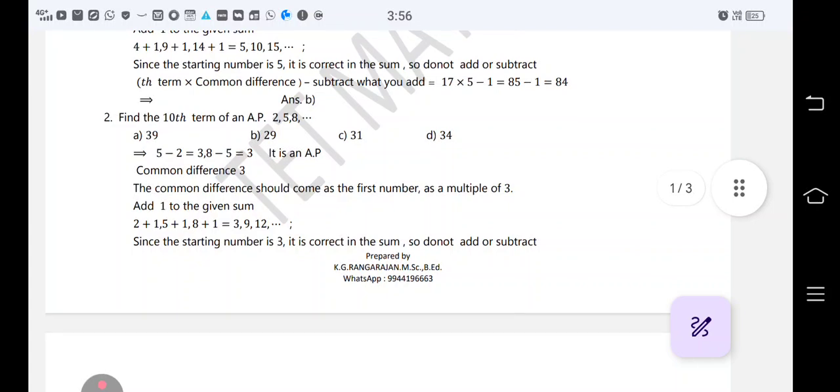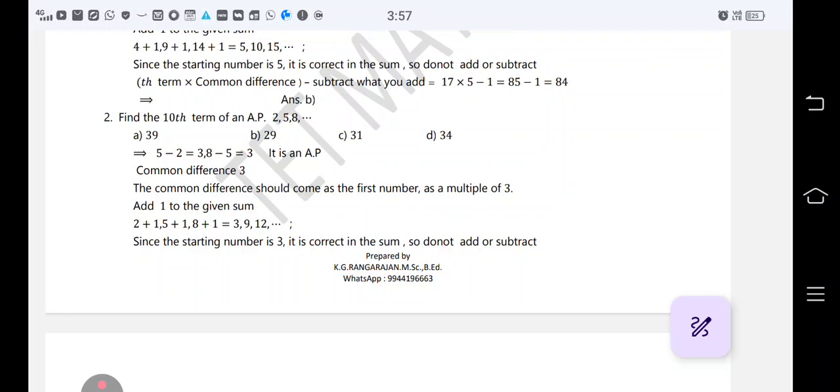The nth term, what we have to find? We have to find the nth term. For finding the nth term, the common difference should come as the first number. Here it is multiples of 3. But in the sum, there is 2, 5, 8. Therefore, we have to add 1 to the given sum. 2 plus 1, 5 plus 1, 8 plus 1.